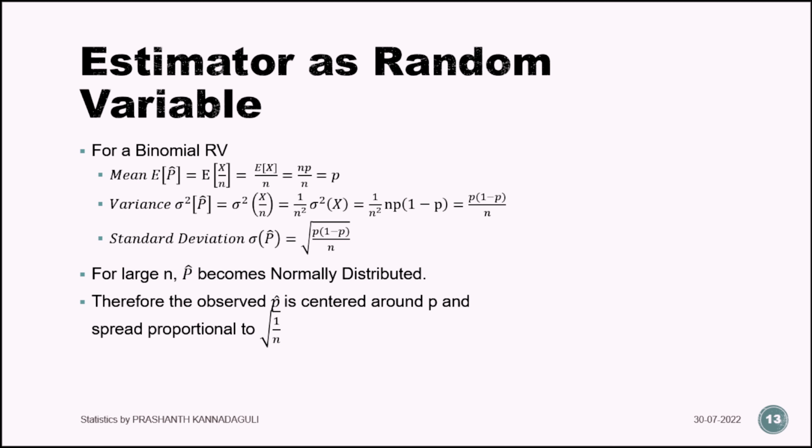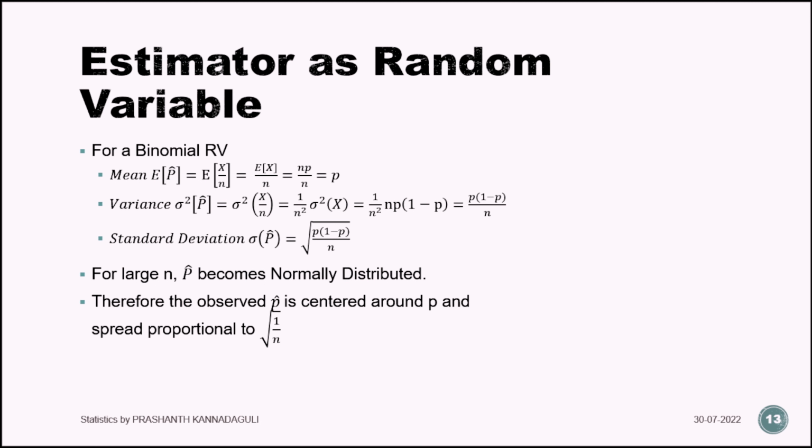So we are coming closer to the answer step by step. I know that the P cap is a random variable and it's distributed in a binomial fashion. So P cap here, P cap here, P cap here. Every P cap I get may be a different value starting from 0 to 1.